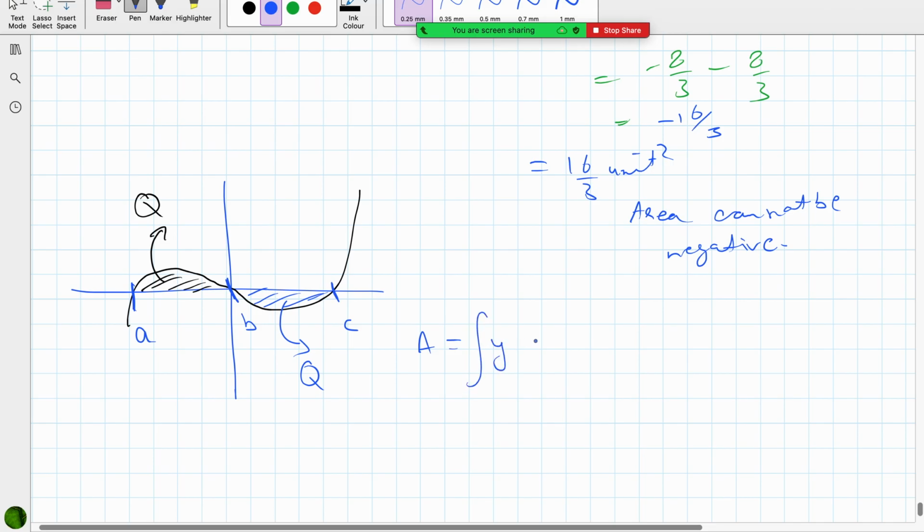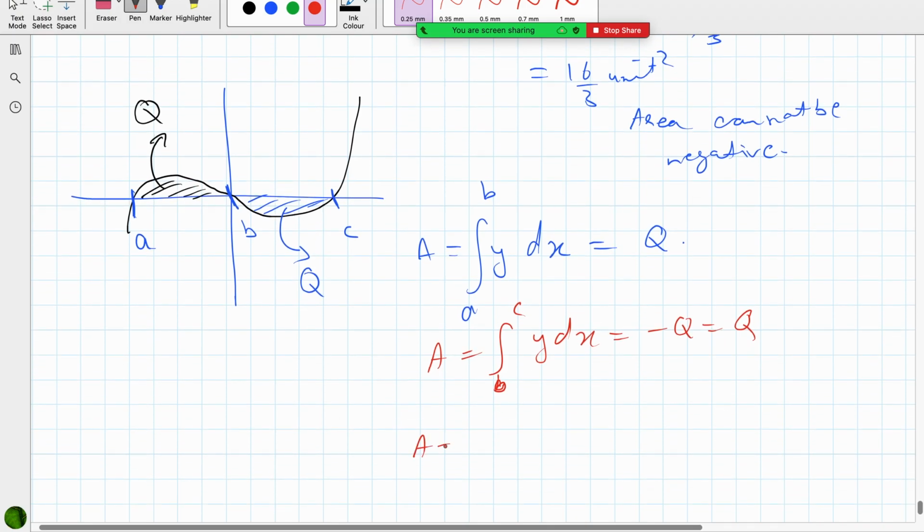Now if we perform integration from A to B, we will have this answer. If we perform the integration from B to C on the same curve, we'll have this answer and we'll write it as Q.